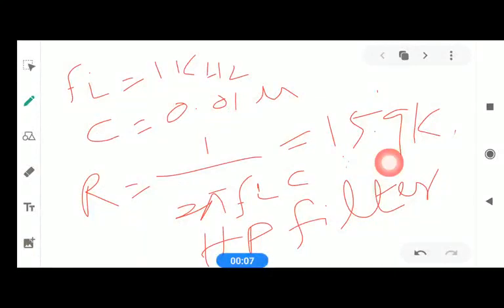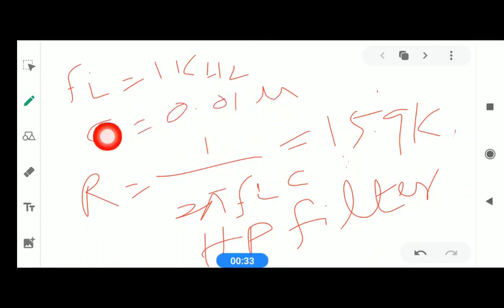So what we have to do to design this, first initially we are designing the high pass filter. To design the high pass filter, given FL value is 1 kilohertz, consider C equal to 0.01 microfarad. The same design we did for a band pass filter by considering C as 0.05 microfarad.